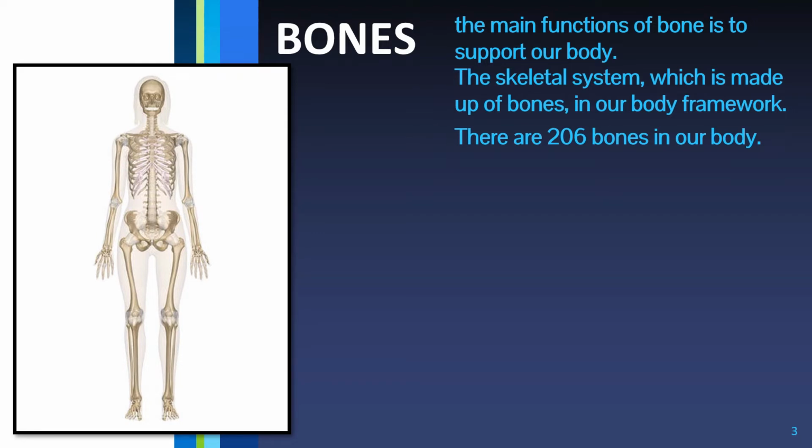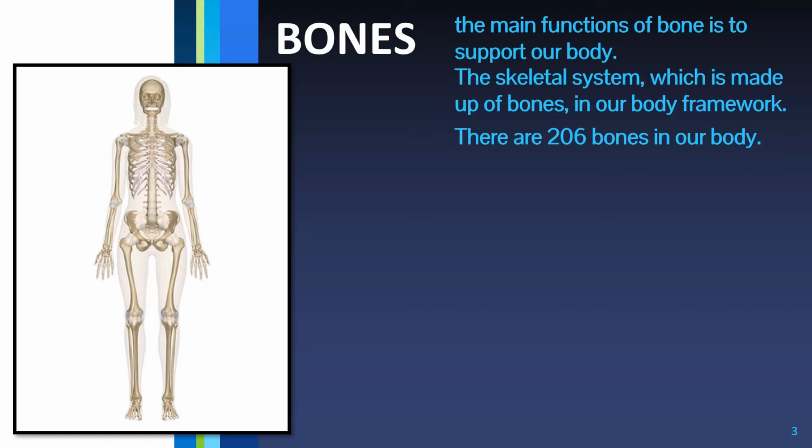There are 206 bones in our body. Here is some trivia: when you are a baby, you have 300 bones, but when you are growing up, your bones change into 206.